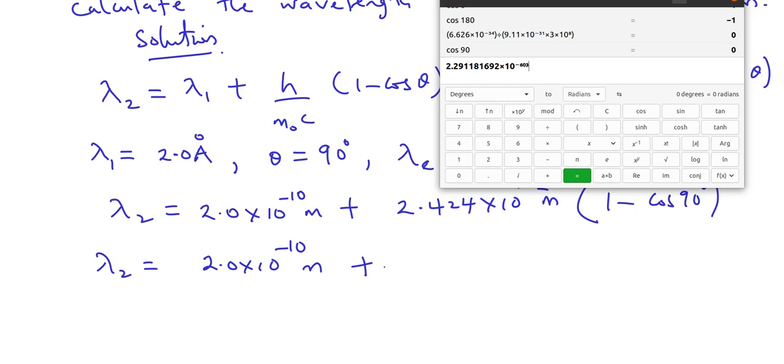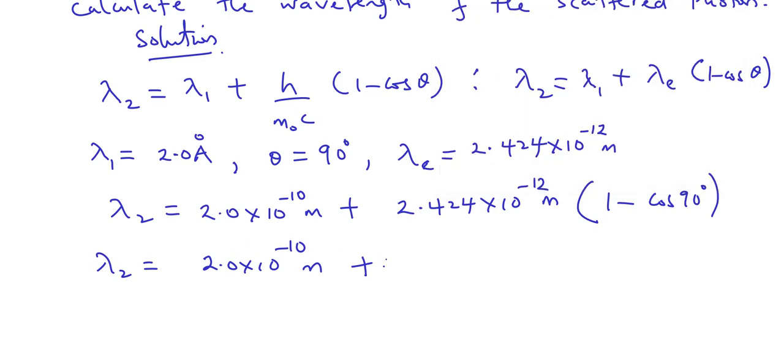So we have just 2.424 times 10 to the power minus 12 meters multiplied by 1.